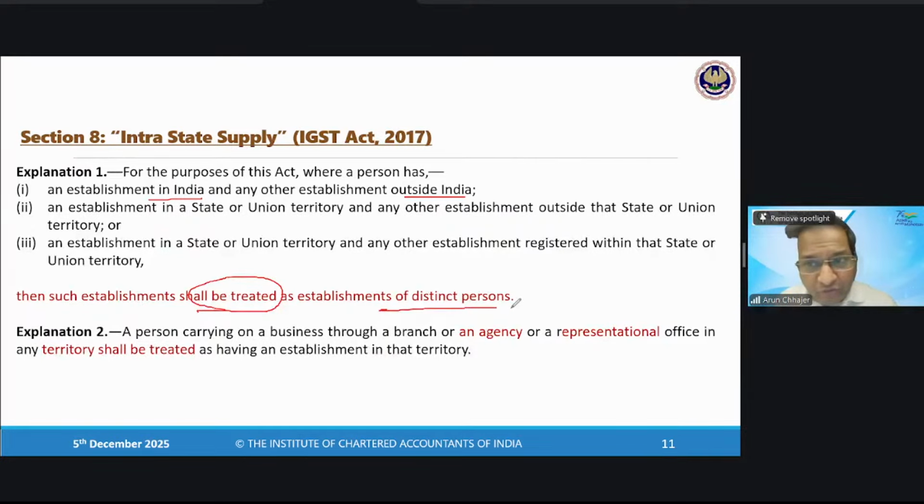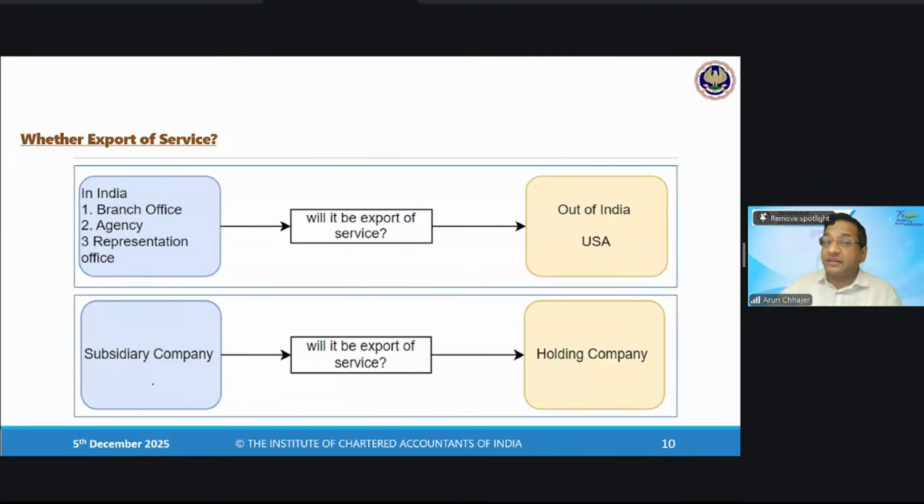Because you are the establishment of a distinct person, it cannot be treated as export of the service.